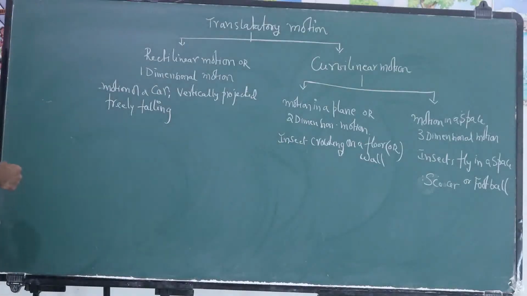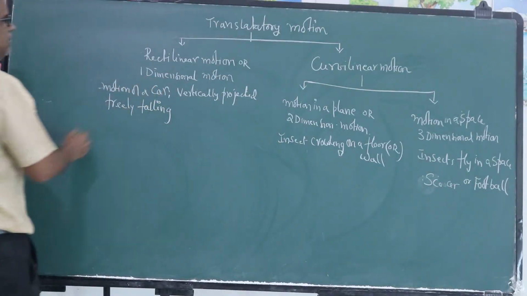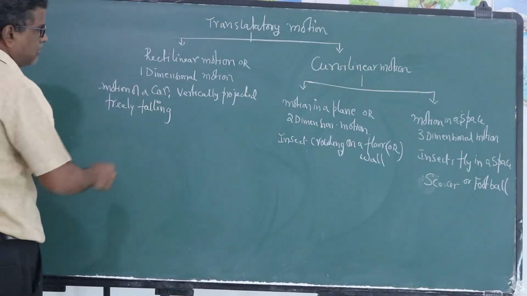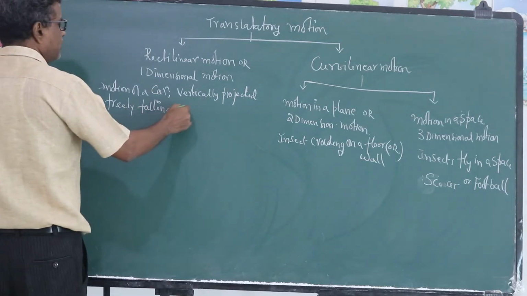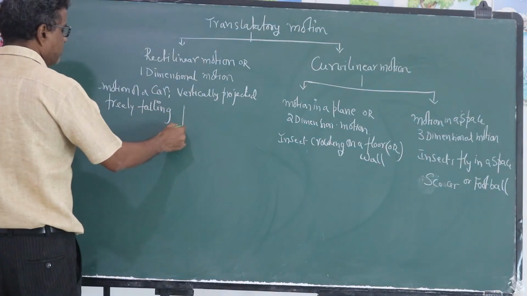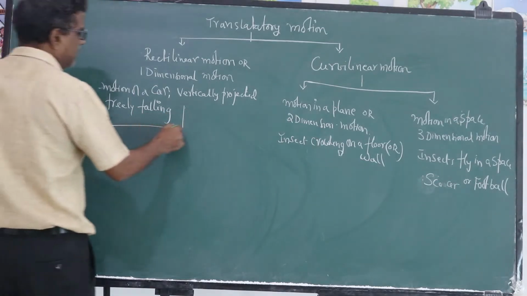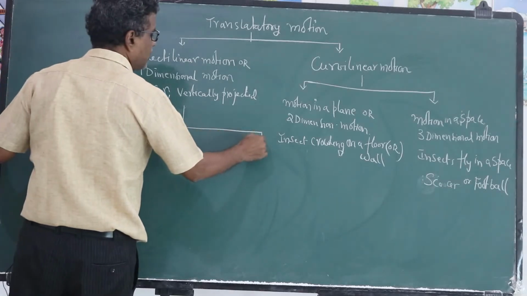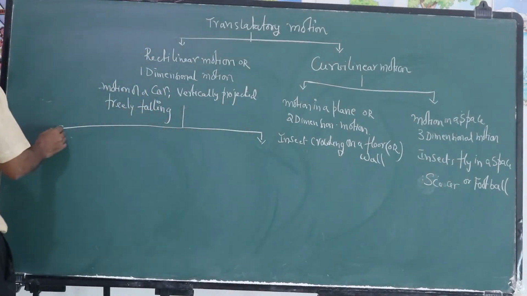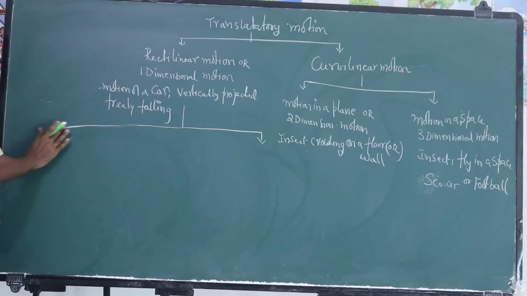Okay. Now first we will see this one-dimensional motion. This one-dimensional motion, again we classify into different types. Number one is uniform motion.